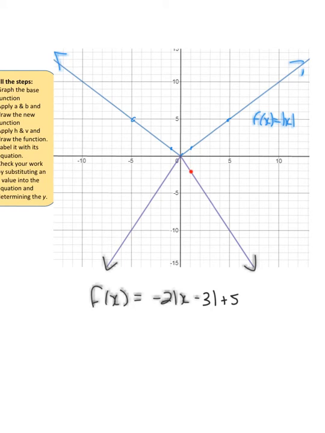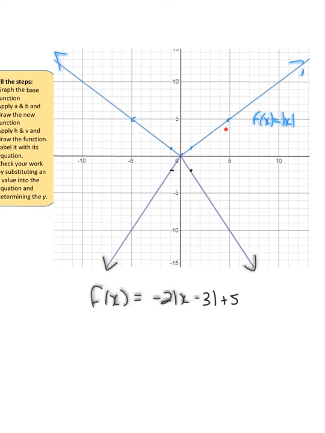So now the y value is negative 2, it's right here. And same with (-1, 1). The y value is 1, multiplied by negative 2, and it's right here, your point. The other way of looking at it is how far you are away from your x-axis. So this point is 1 unit away, so now it's 2 units away in the opposite direction because it's being reflected. And this point is 1 unit away, so now it's 2 units away.